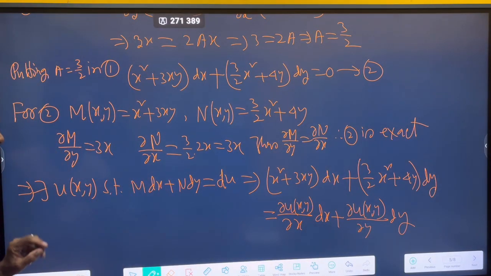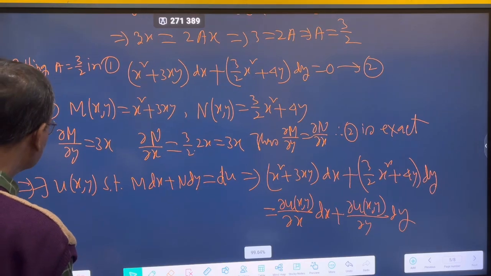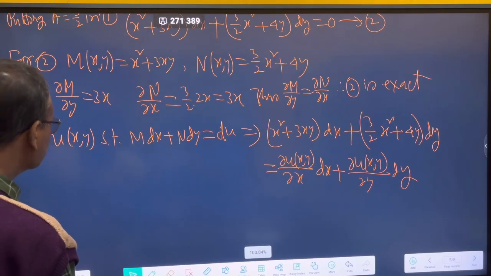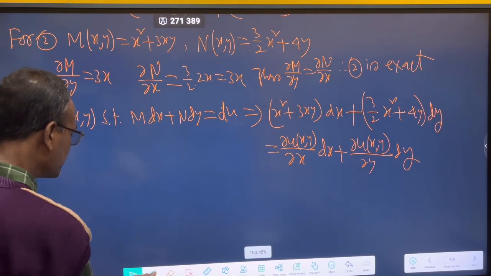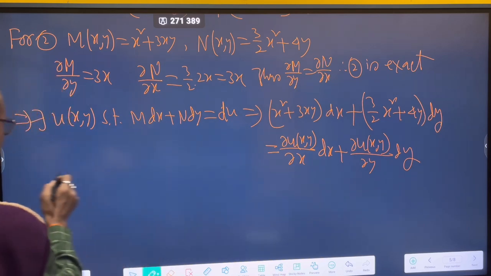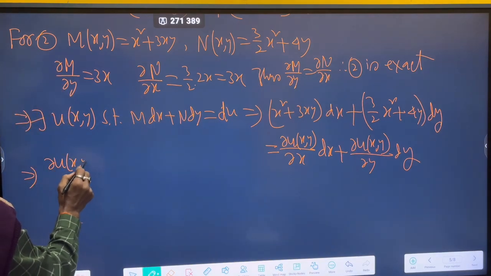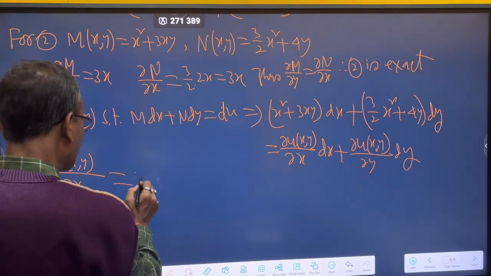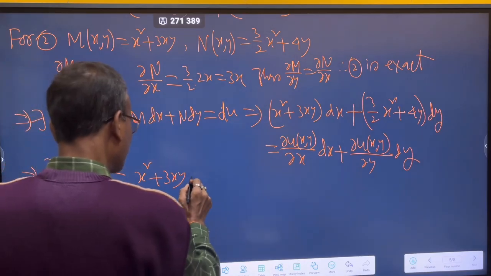This means that del u of x y by del x equal to x square plus thrice xy.